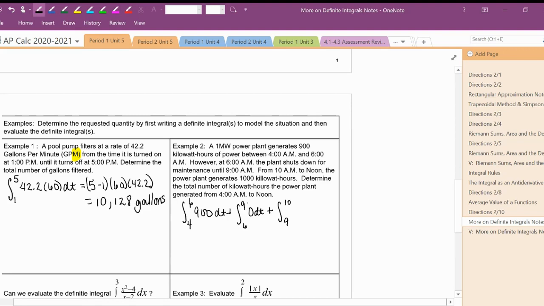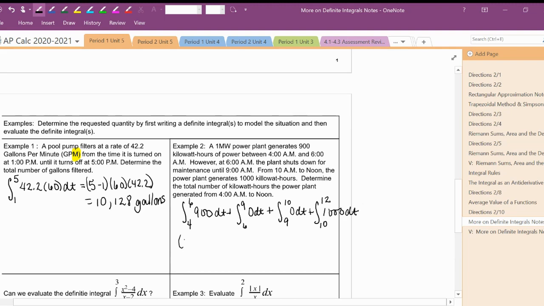Down from 6 to 9. And then from 9 to 10, doesn't look like it did anything either. But then from 10 a.m. to noon, we have 1,000 kilowatts per hour.